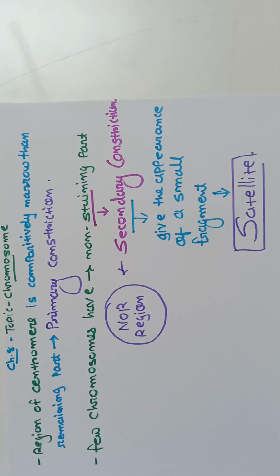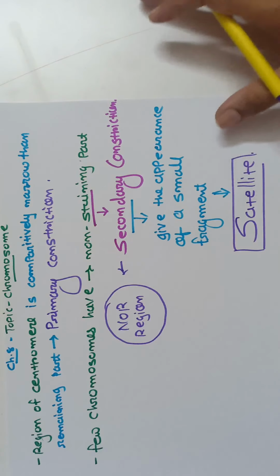Students, on the basis of the position of the centromere, the chromosome can be classified into 4 major types. So now we discuss the types of chromosome.